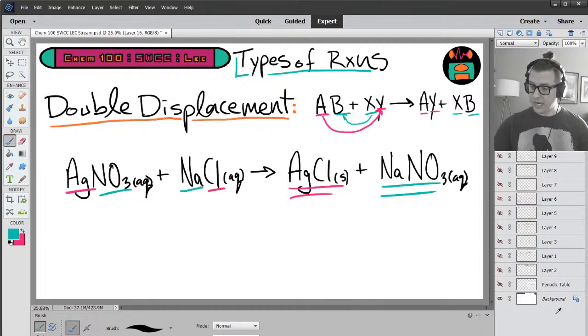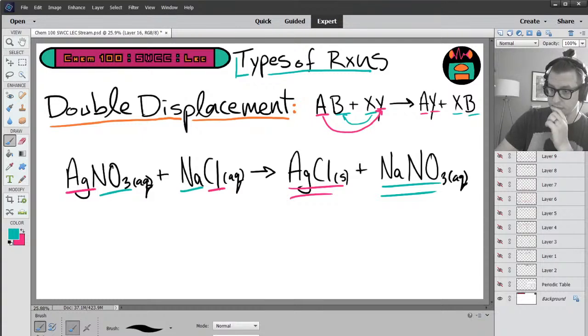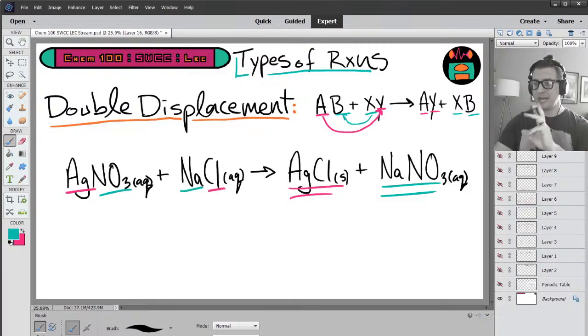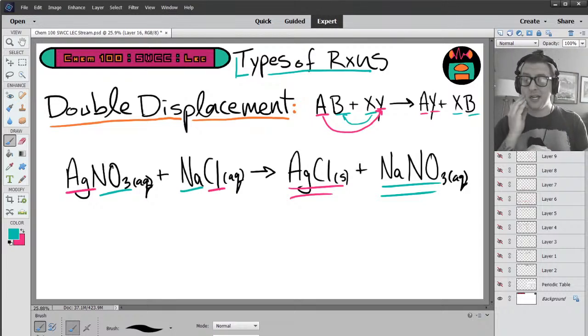Now there's maybe two more types of reactions that we're going to talk about in more detail after this, but I want to take a moment to talk about an important distinction for ionic compounds with respect to the aqueous phase and the solid phase.